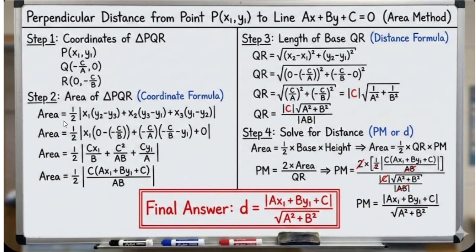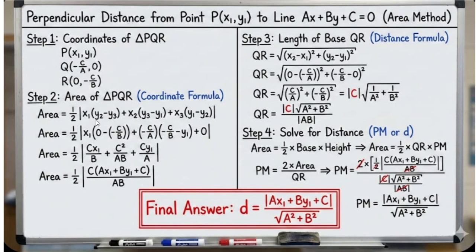Now with these we can form a triangle. You can find the area of the triangle by the coordinate formula: 1 by 2 into x1 times (y2 minus y3) plus x2 times (y3 minus y1) plus x3 times (y1 minus y2).